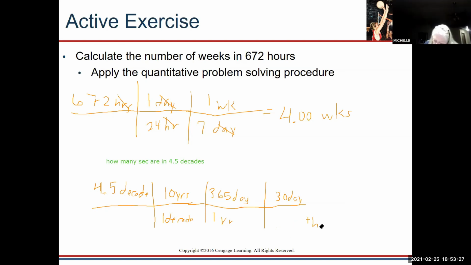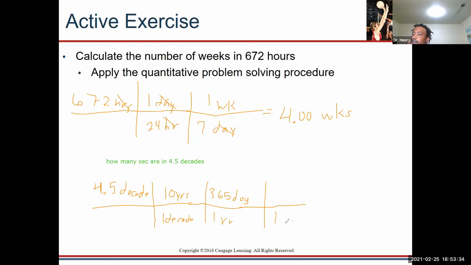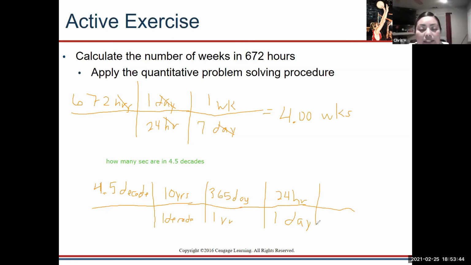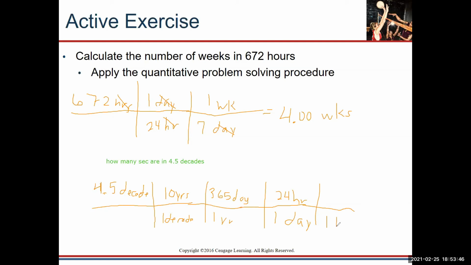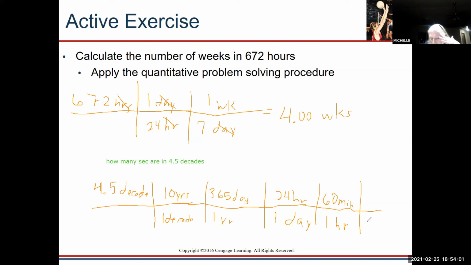And you have 24 hours in a day. And in 1 hour, there's 60 minutes. And then 1 minute is 60 seconds.